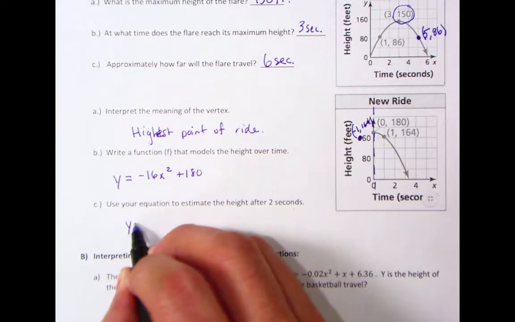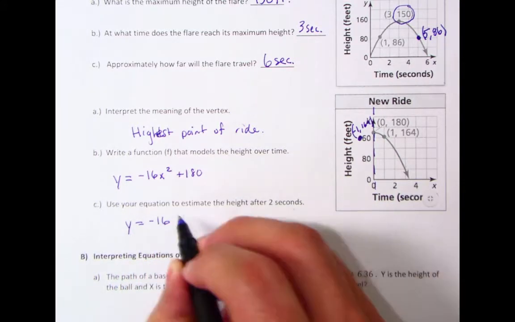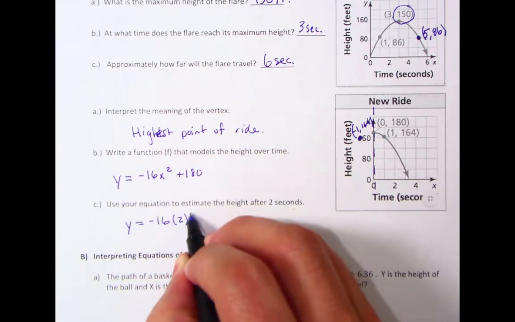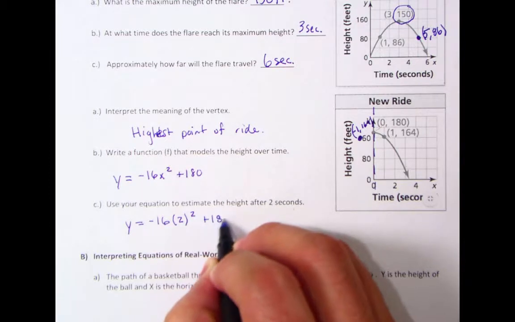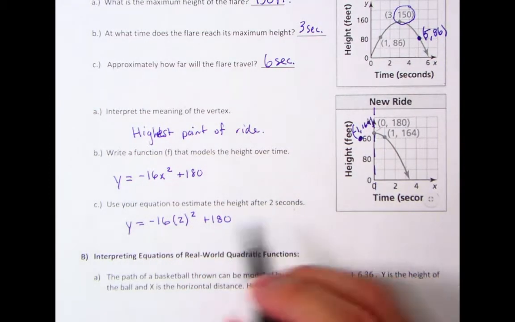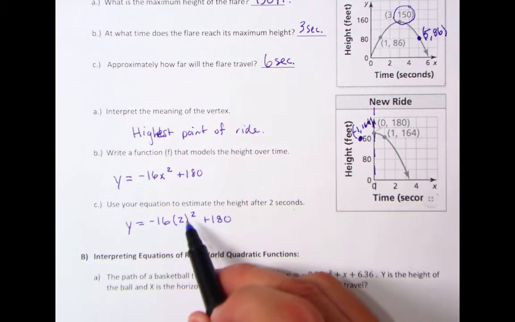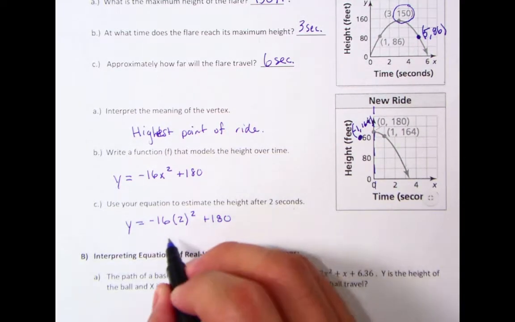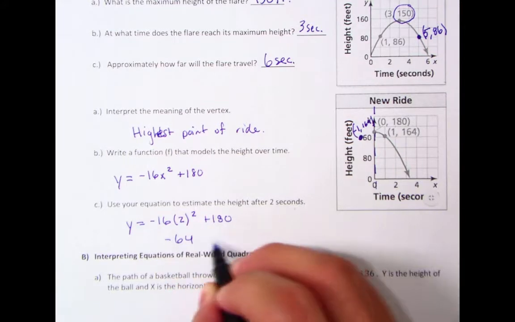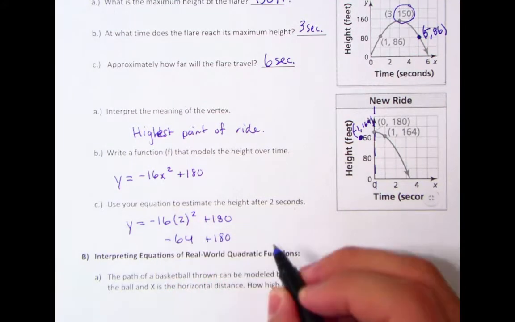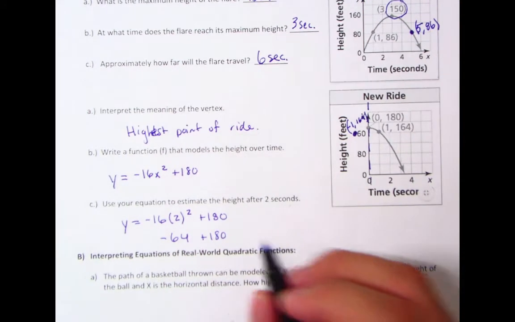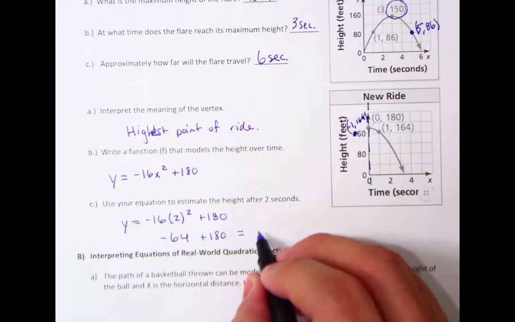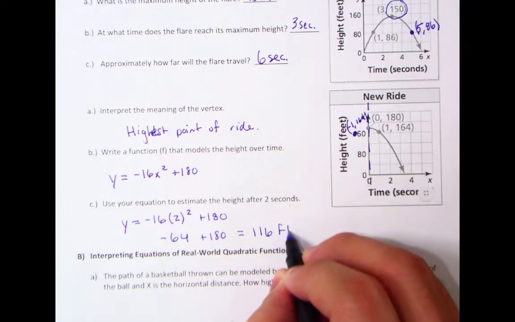All we do is simply put 2 in for x, just like that. Do our exponents first. 2 squared is 4. 4 times -16 is -64, plus 180. -64 plus 180 is, I believe, 116 feet.